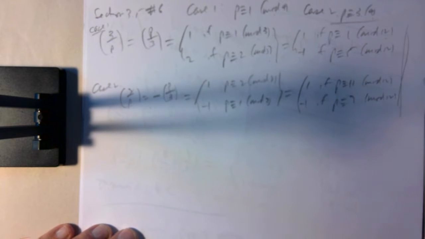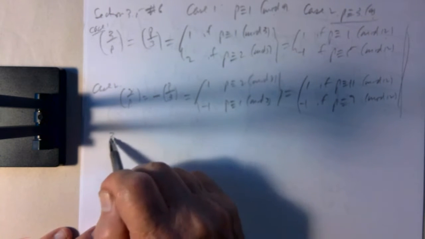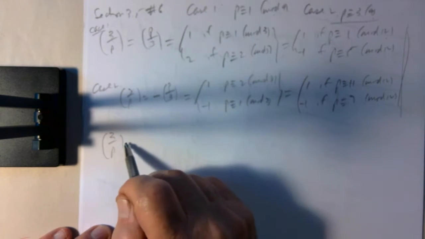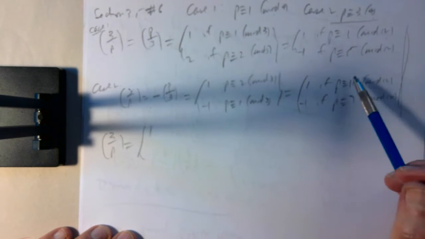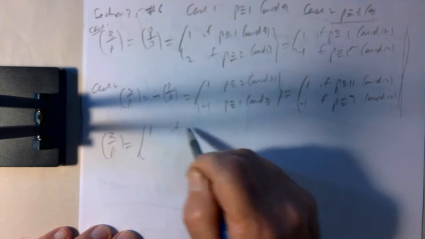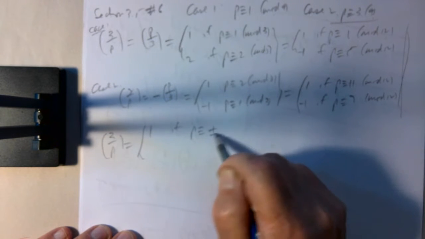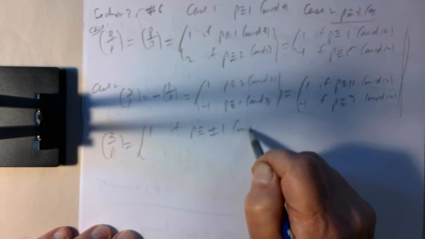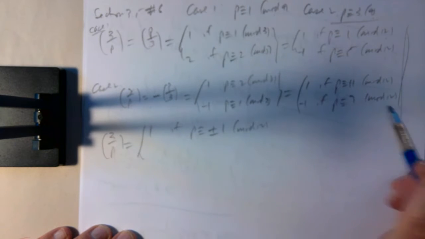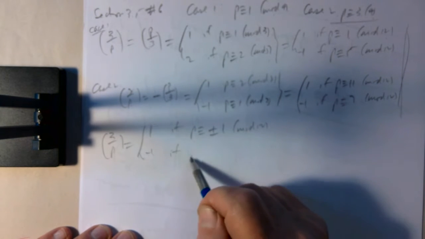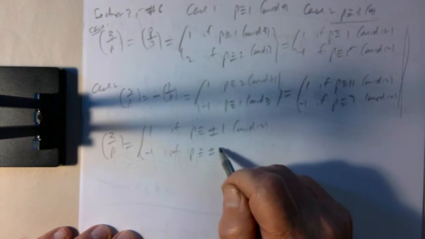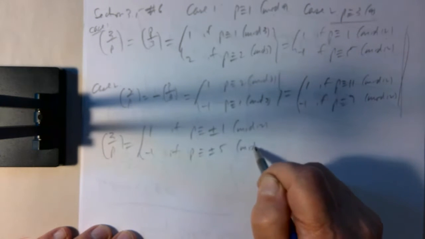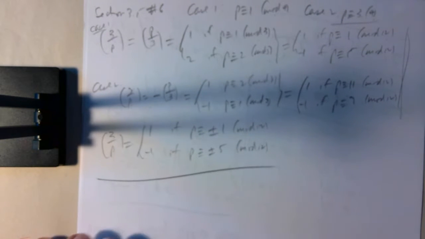So if you look at this and you put this all together, 3 is a quadratic residue mod P. This equals 1 if P is congruent to 1 or 11, which is the same as plus or minus 1 mod 12, and it's minus 1 if P is congruent to 5 or 7, which is just plus or minus 5 mod 12.